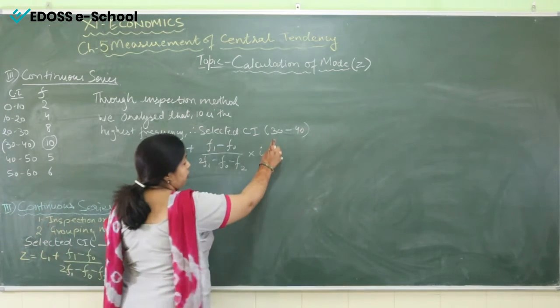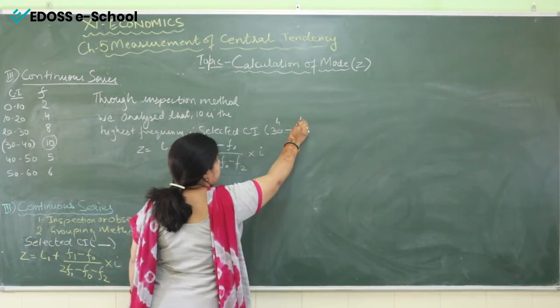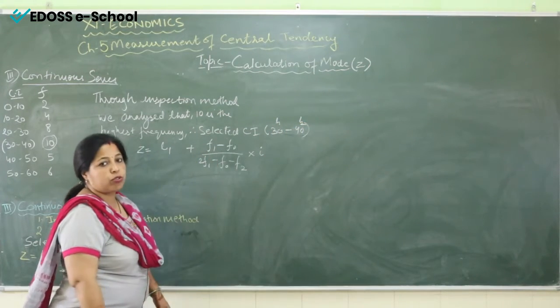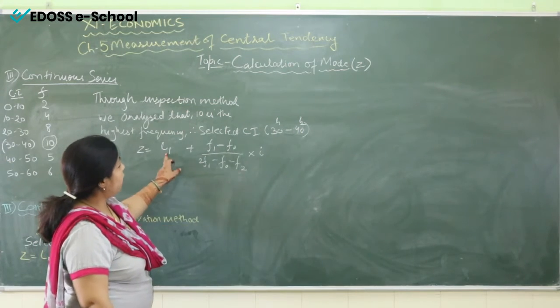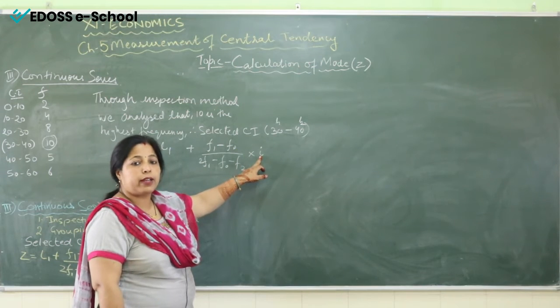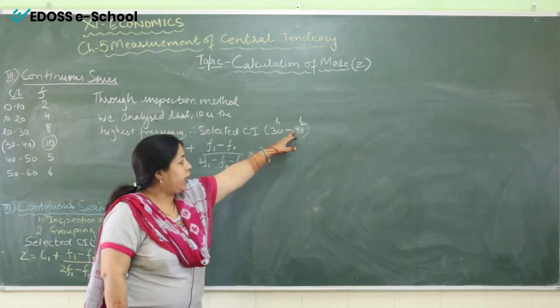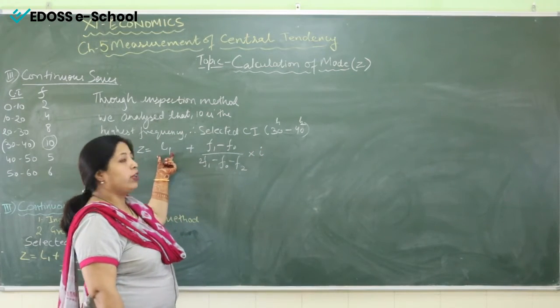This 30 and 40, you know that it is L1 and L2. L1 is 30, L2 is 40. And this I is magnitude, which is L2 minus L1.